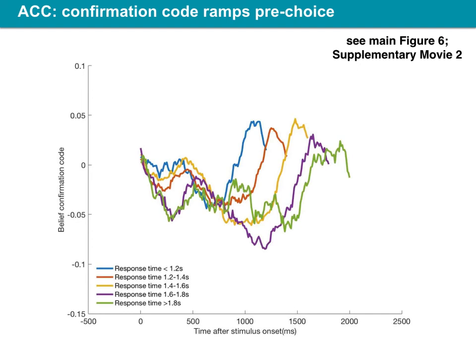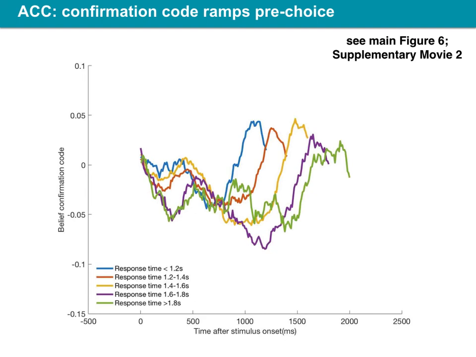If I'm a neuron which cares positively about belief confirmation, I'm going to contribute positively to this subspace, and conversely if I care negatively about belief confirmation. The way that we do it is akin to taking a dot product between the regression coefficients and the firing rates. Full details are in the methods, but basically if I go up on this y-axis, it means that I have more of that belief confirmation code in my ACC at that point in time.